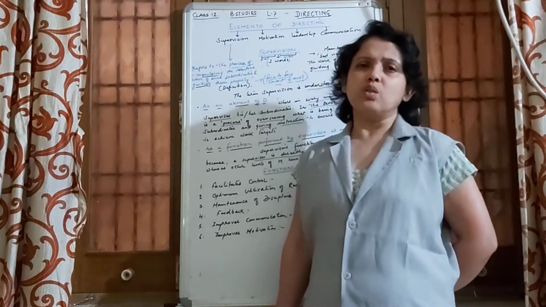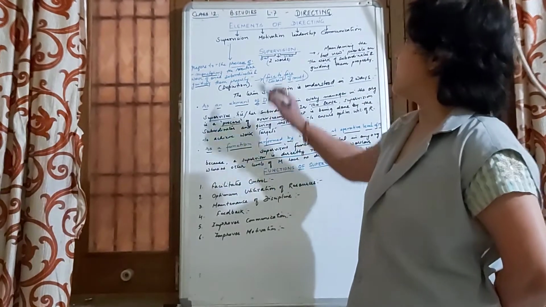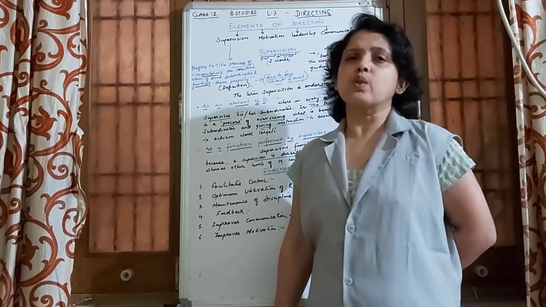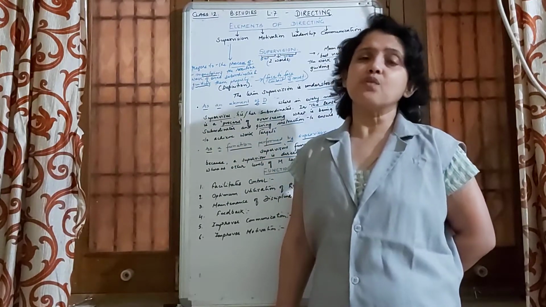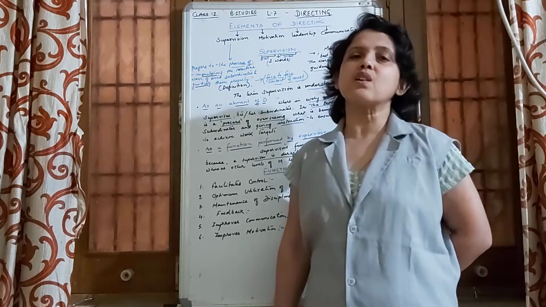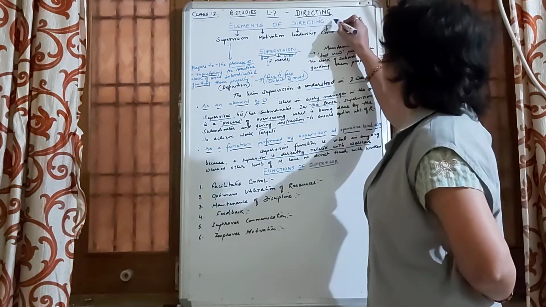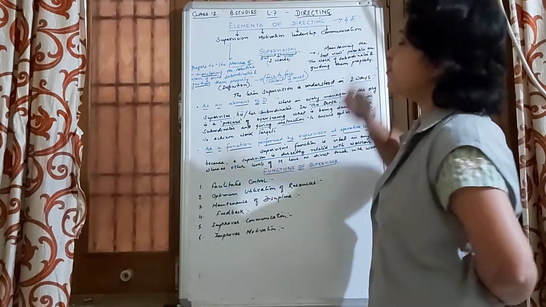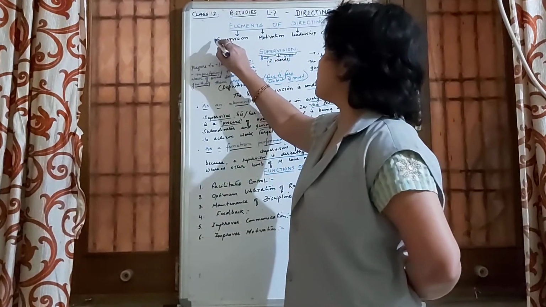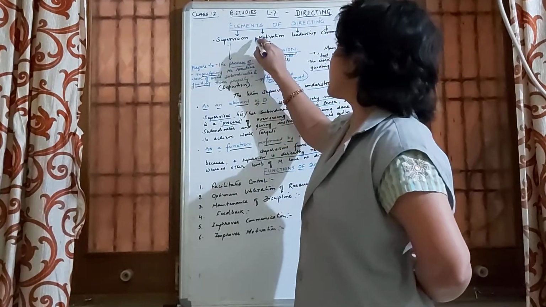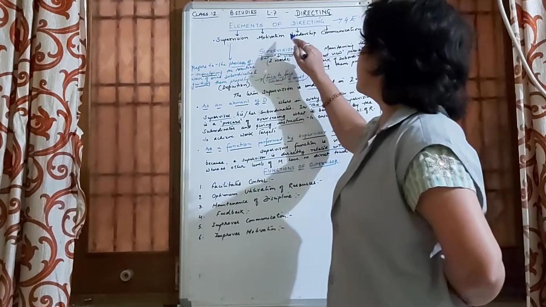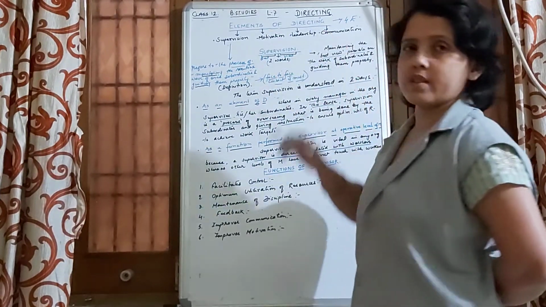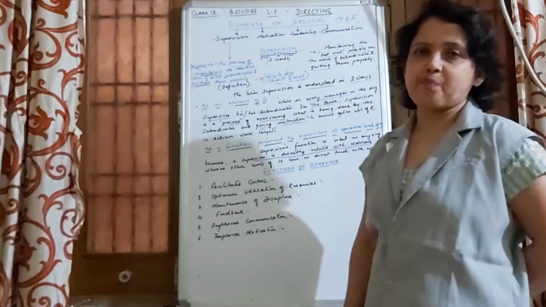So on the whole, we can see that the elements of directing have been put together in 4 parts. That means there are 4 elements of directing. The first is supervision, second is motivation, third is leadership, and fourth is communication.